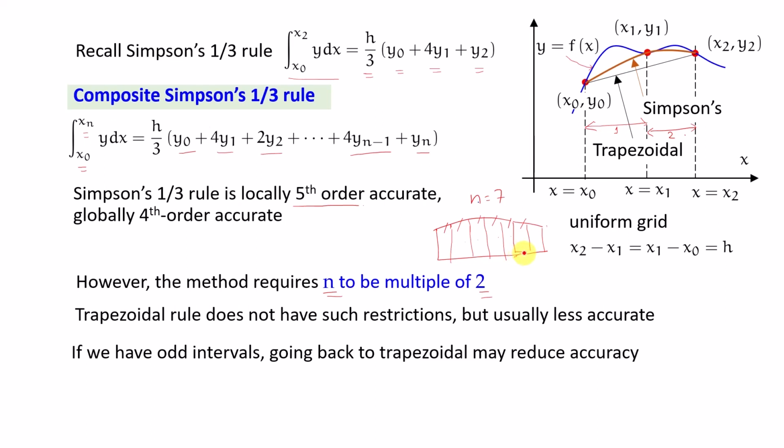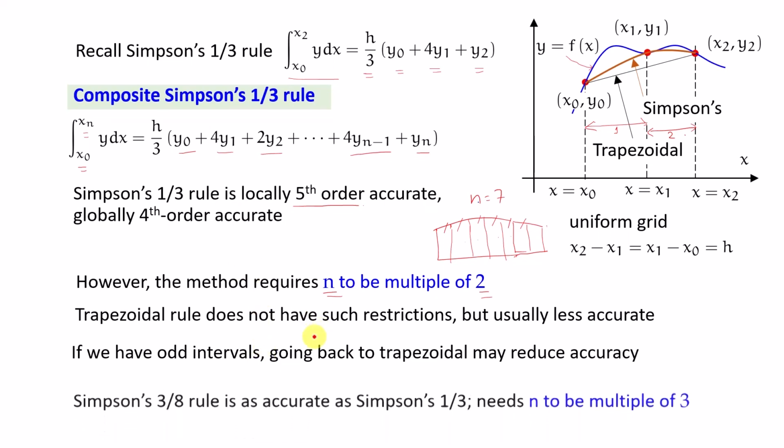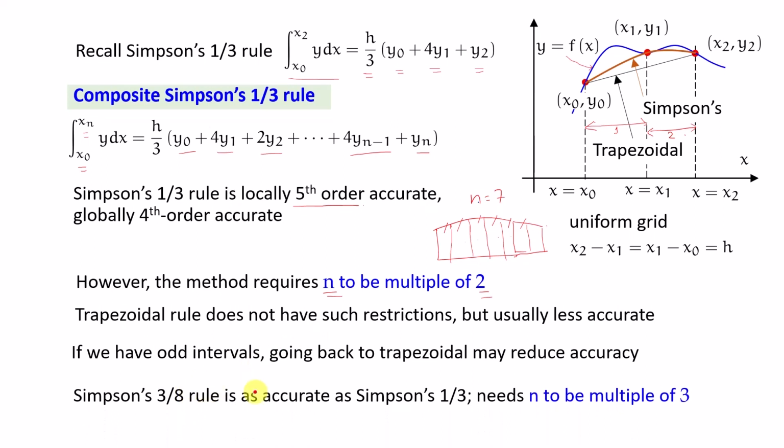So how can we avoid such a situation, or the idea is how we can take care of odd intervals and keep the same accuracy as Simpson's 1/3. That is where the Simpson's 3/8 rule comes into the picture. Simpson's 3/8 rule is as accurate as 1/3.